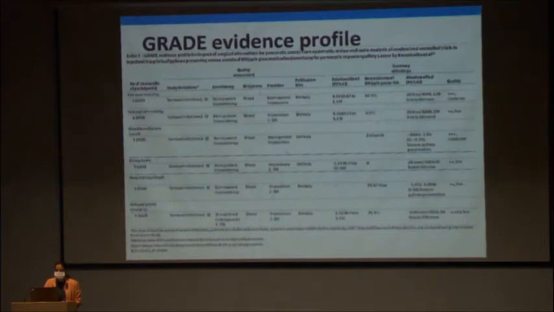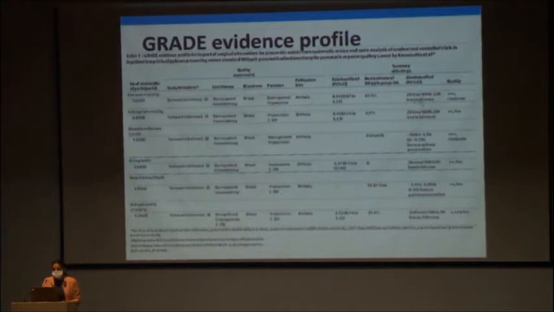So that's the left part of the table. The right part of the table is the summary of findings table. So what this depicts, first of all, is the relative effect. This is actually the result of pooling the results from those individual studies. And here you have the control rate. The control rate can come either from the control arm of the studies that you've included, or it could come from previous literature, whichever, that's a value judgment, which you think would be the best control event rate.